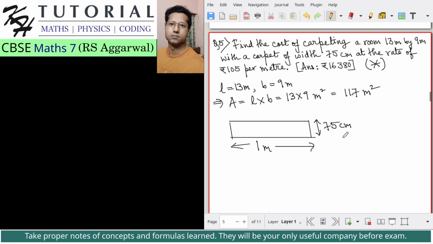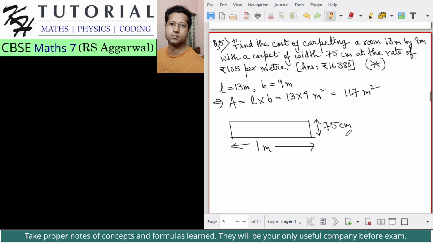So for 2 meter length of this carpet, the cost will be 105 into 2. So we have to find what length of this carpet, whose width is fixed at 75 centimeter, we need so that it can entirely cover the area of the floor.